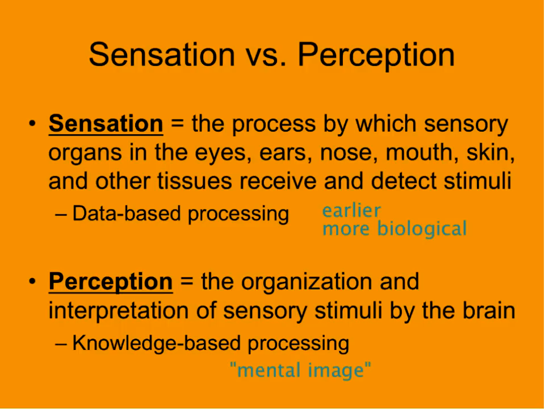I have that mental image of that vehicle and not an 18-wheeler and not a fire truck and not a motorcycle. Well, that kind of mental image is driven by perceptual processing, this knowledge-based processing, where I'm organizing, and I would say maybe the key word here is I'm interpreting those sensory stimuli.